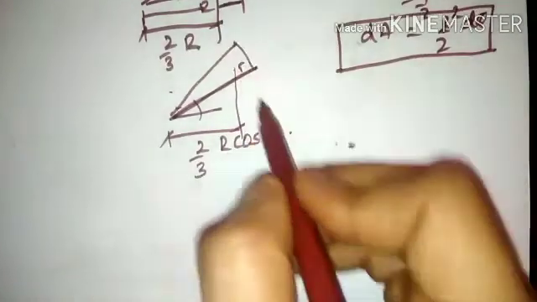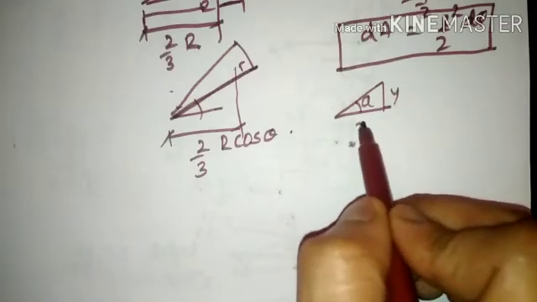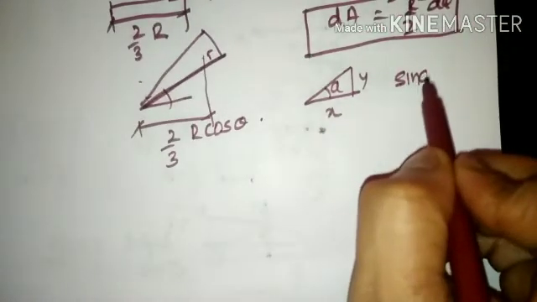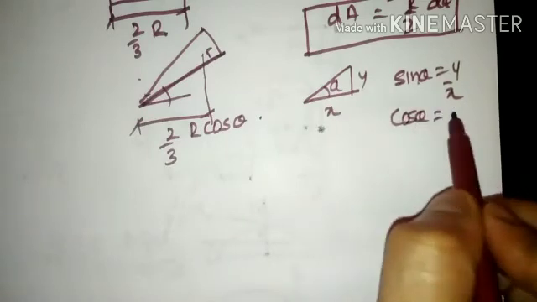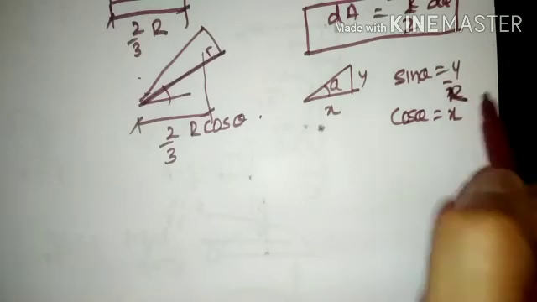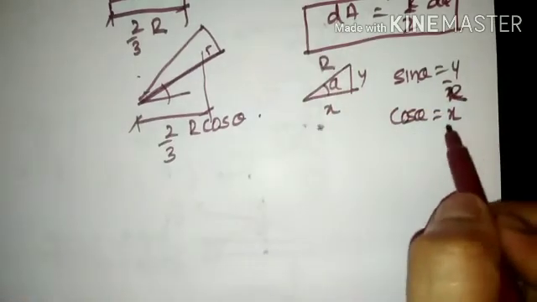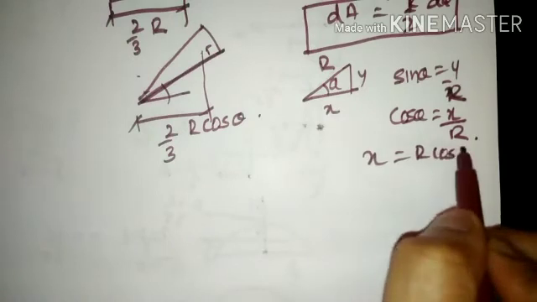If we consider this angle theta here, with y and x, sine of theta would be y by r and cos of theta would be x by r. So x is equal to r cos of theta.